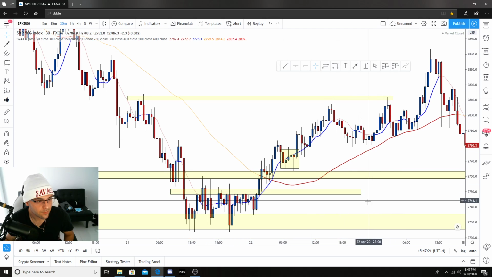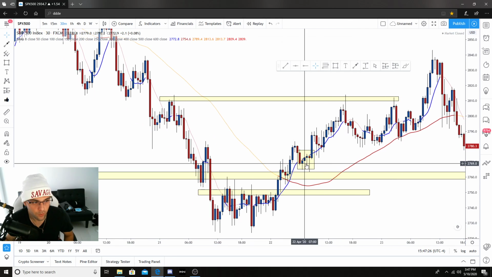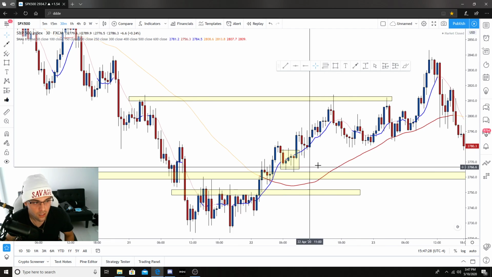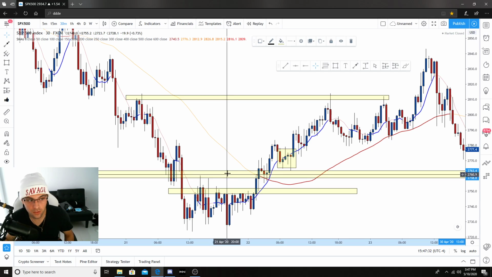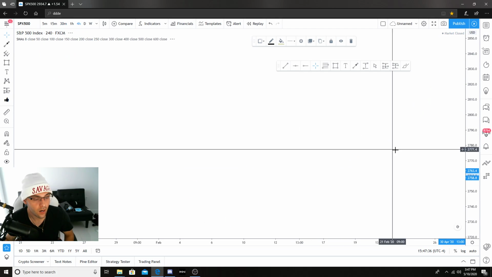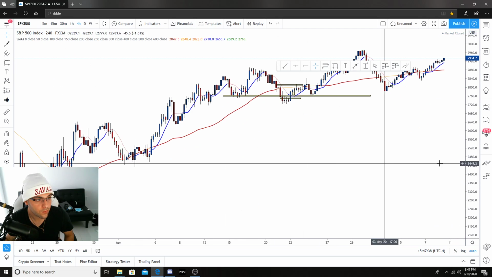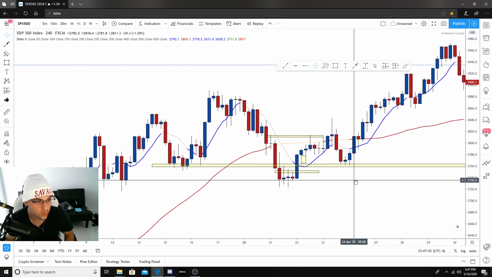Let's clean these up. Even though we don't have a really nice candle pattern there, what do we have here? Remove this. This is our other level of support on the 4-hour, as you guys can see. This is our other level of support here on the 4-hour. That's one level of confluence that I'm using.